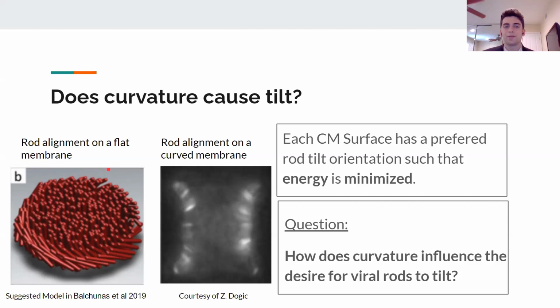Yes. So this model is a pretty backed model. I think it's exactly what they observe in experiment. So this is pretty much, for the most part, a 100% solved problem. This is just a cartoon representation of what they observe in experiment for a disc-shaped membrane.